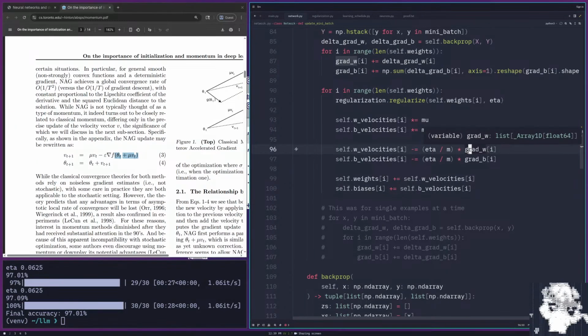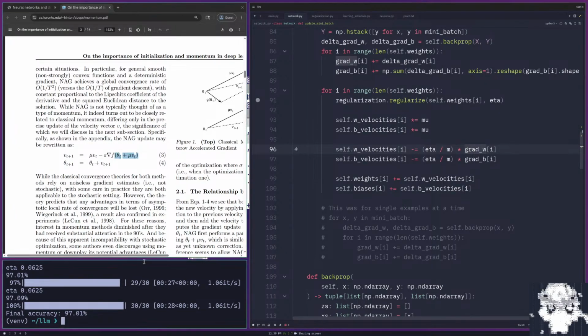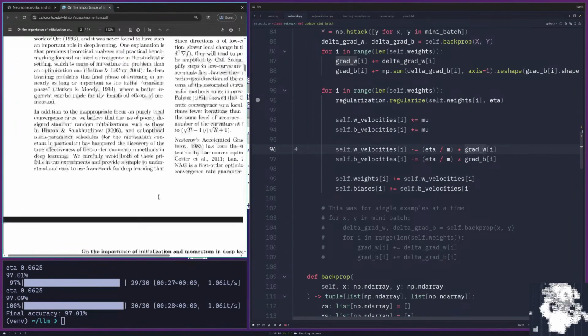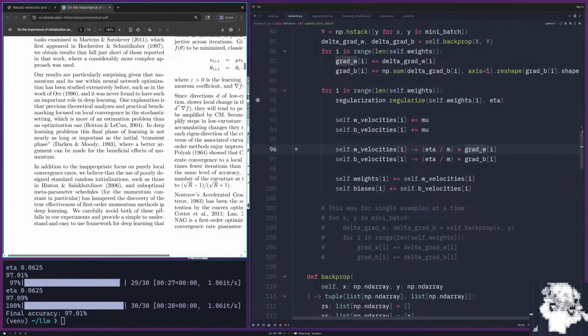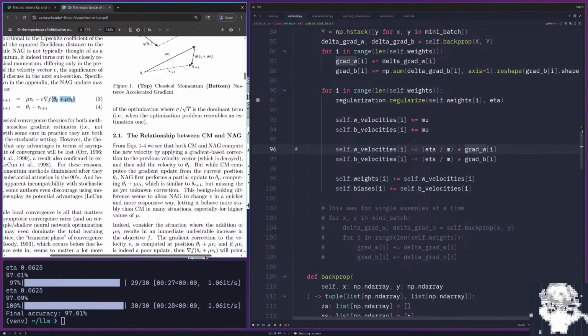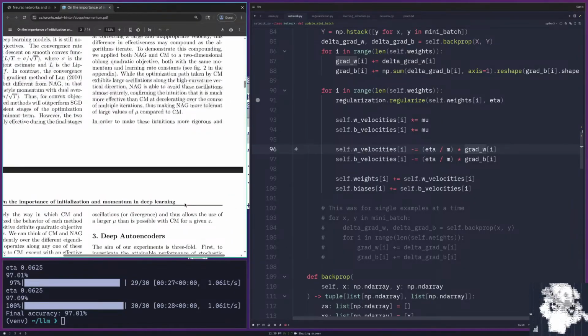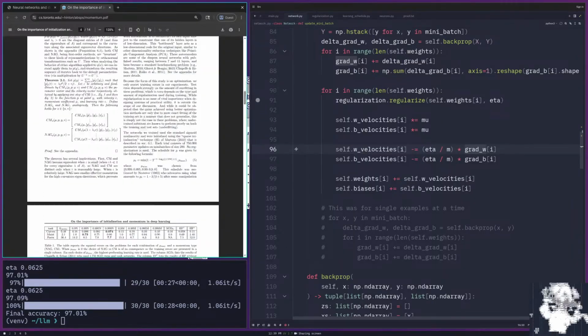I'd have to modify my gradient descent to get something other than grad W. So yeah, I don't know how to do that. And it doesn't explain it, does it? I don't want to read this whole paper right now, because I probably wouldn't understand it anyway.